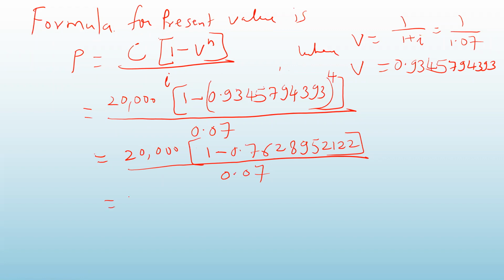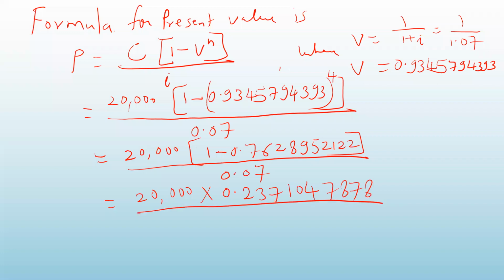So that comes out to be 20,000 into 0.2371047878 divided by 0.07. Multiply this number by 20,000 and divide by 0.07. That gives you 67,744.23.